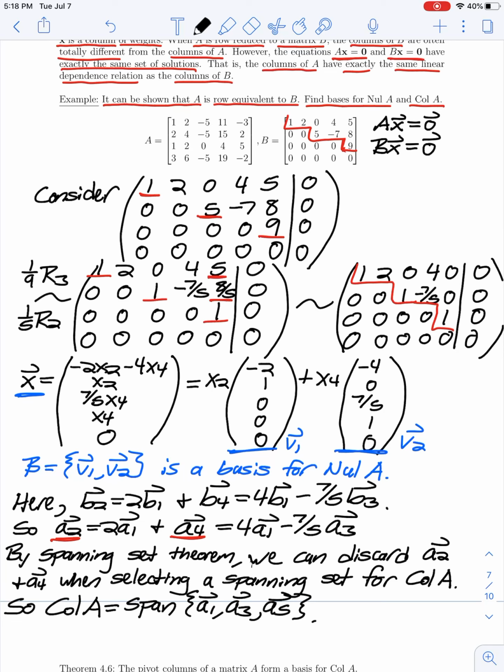However, these three vectors, A1, A3, and A5, must be linearly independent, because if there were a linear dependence relation among these three vectors, then there would have been the same linear dependence relation among the column vectors of B. And we've already established all of the linear dependence relations among the columns of B. So the set of vectors A1, A3, and A5 are linearly independent.